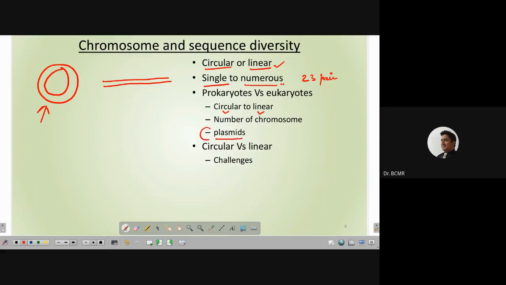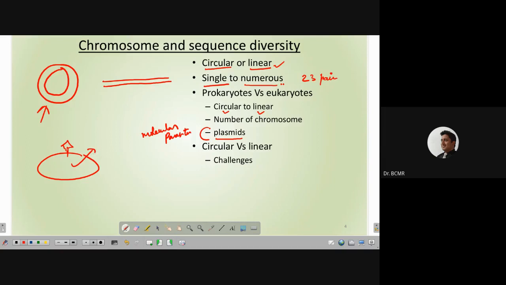Plasmid is not a part of the bacterial genome, okay? You can consider them as molecular parasites, very similar to viruses, right? Viruses, what are they? They go onto a cell, they infect the cell, and then they make more copies of themselves, and then they kill the cell and get released out.